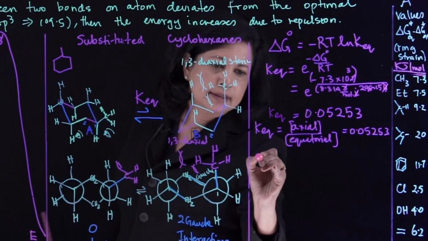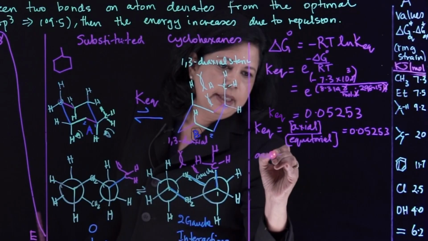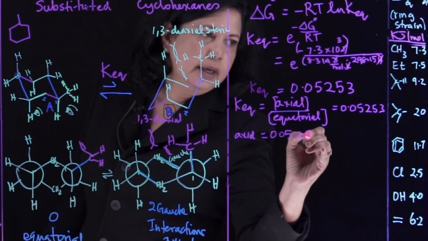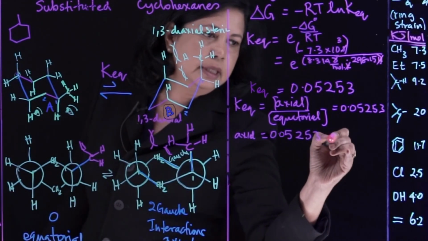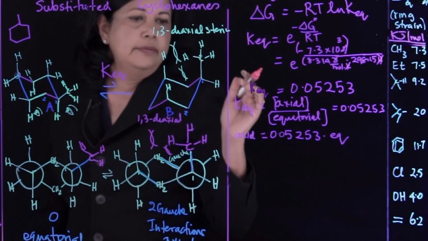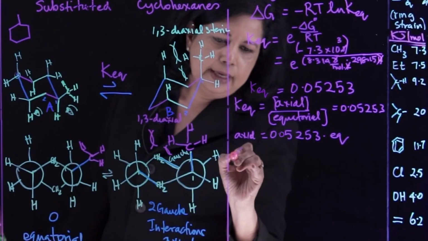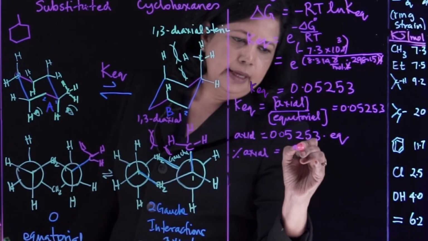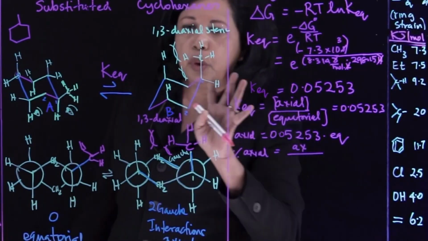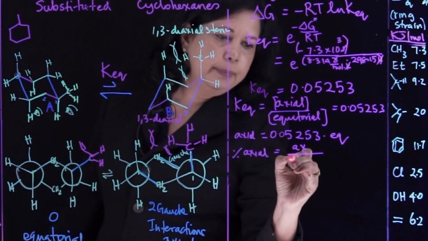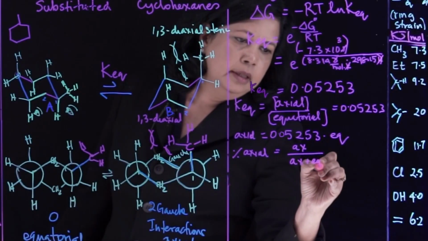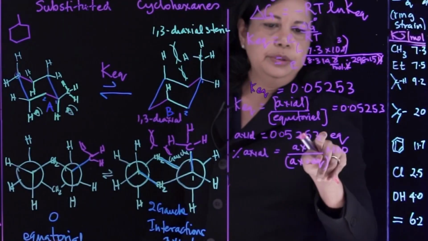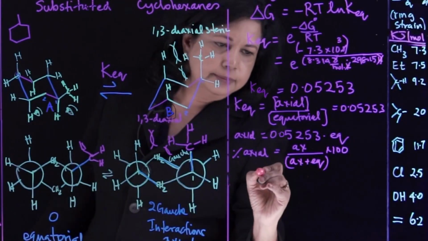Okay, so the axial here is going to be 0.05253 times the equatorial amount. And if you want the percentage of axial, it is going to be the amount of axial over the total, which is axial plus equatorial, times 100. Okay, so we can substitute this for equatorial.